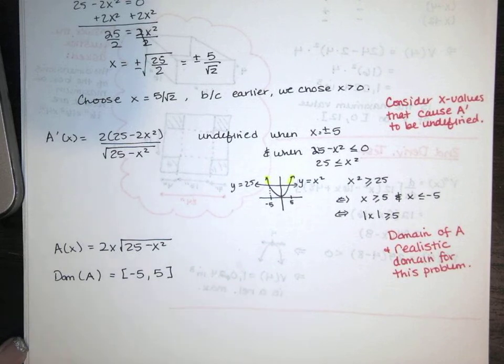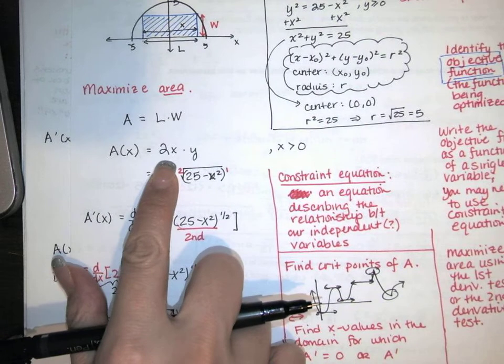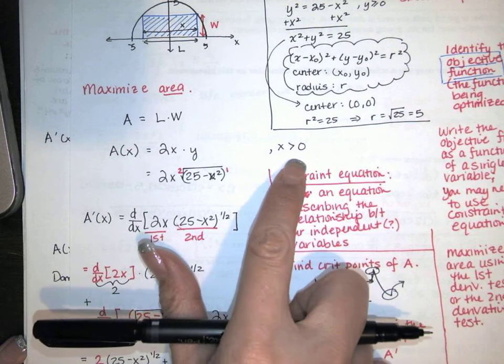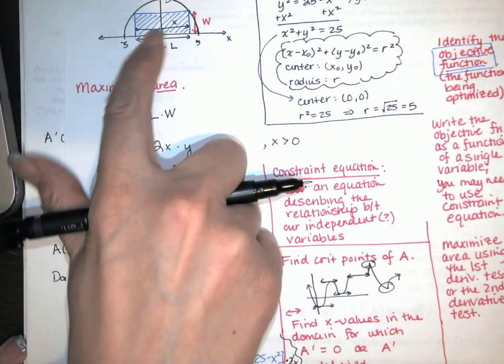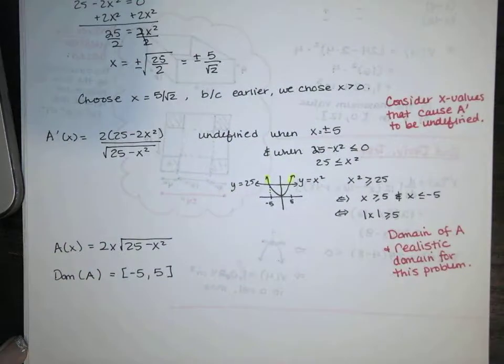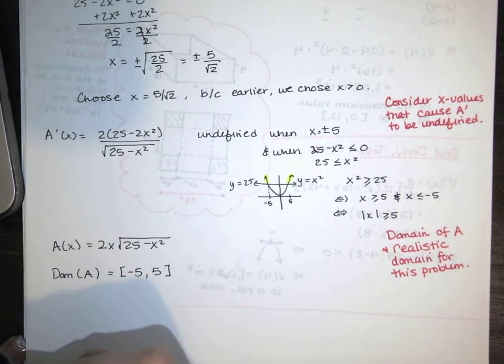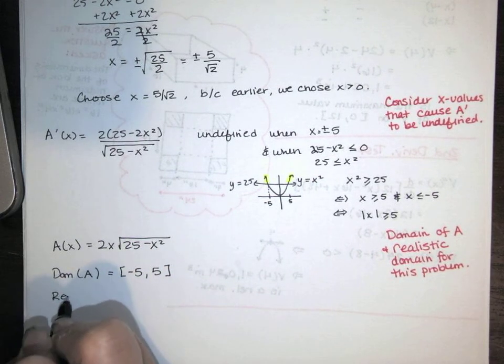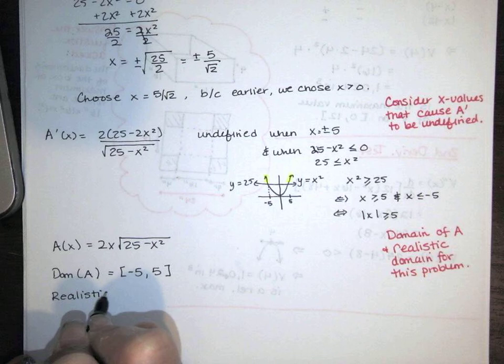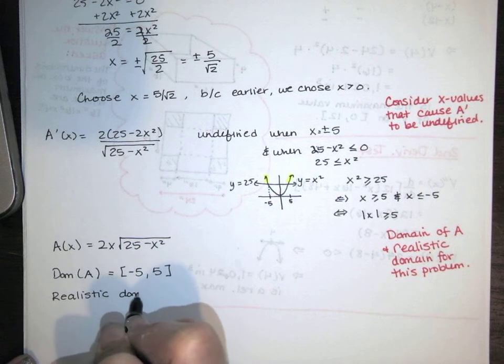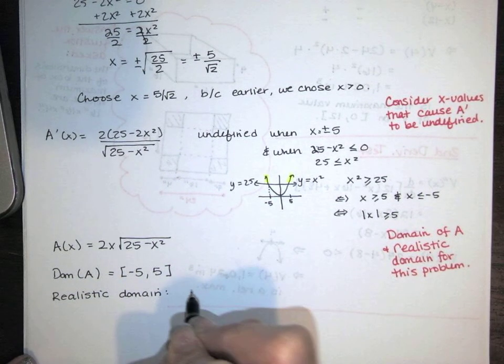We said earlier when we set this problem up that the length was 2x and x had to be greater than 0 so that the length was actually positive. So that means this is the domain of this function, but the realistic domain for our problem is this.